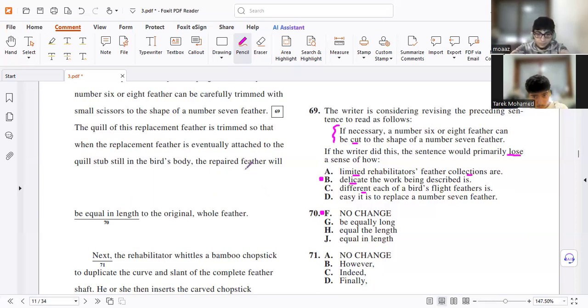The repetitive feather, subject, will, verb, so will be. So you need an adjective to describe the feather. So it must be equal, and then the expression in length. Yeah, but I think equal can be an adjective by itself, like equal in length. Yeah, but you need a verb. So here the verb to be.